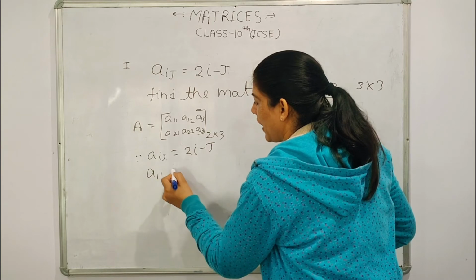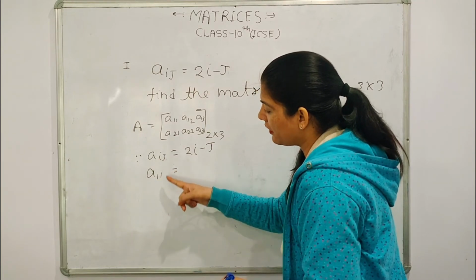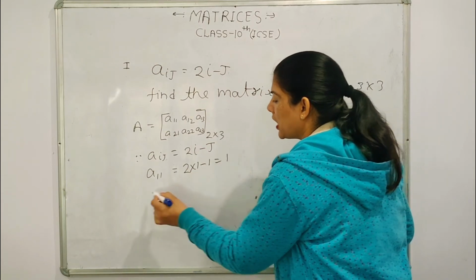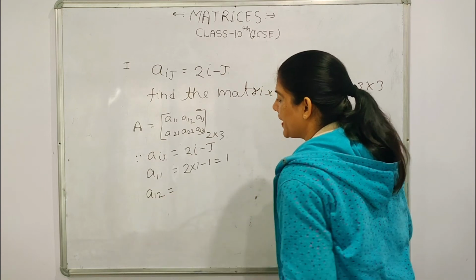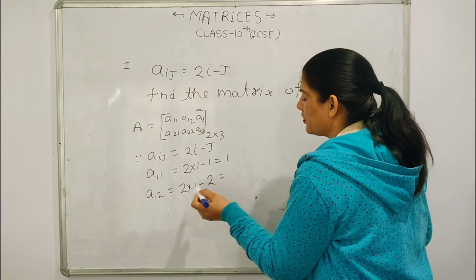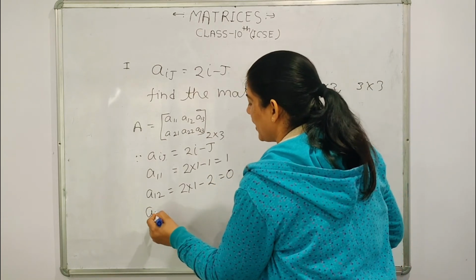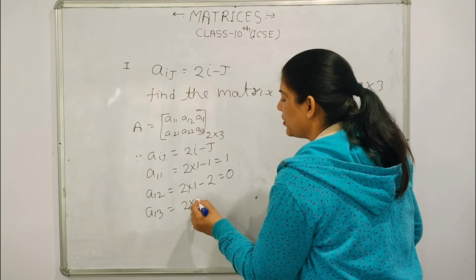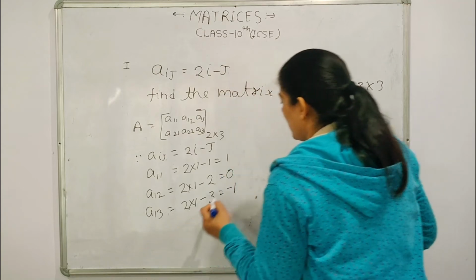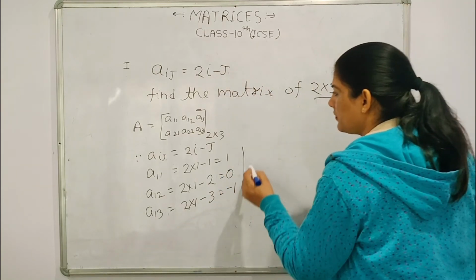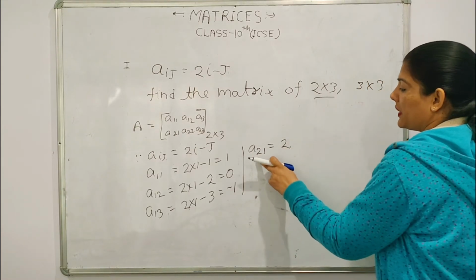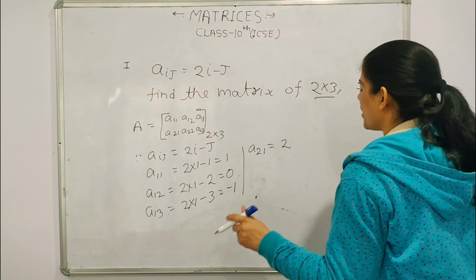So A11, you have to put 1 in place of i and 1 in place of j. So 2 into 1 minus 1 gives you 1. A12, you have to place 1 in place of i and 2 in place of j, it gives you 0. A13 is equal to 2 into 1 minus 3, that is minus 1. A21, you have to place 2 in place of i and 1 in place of j.